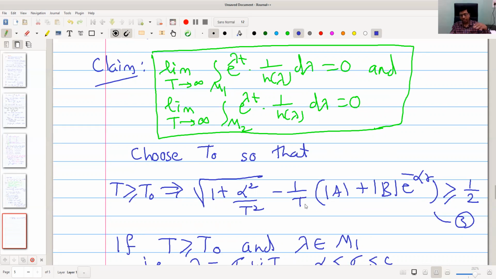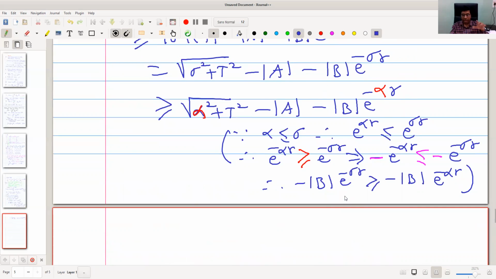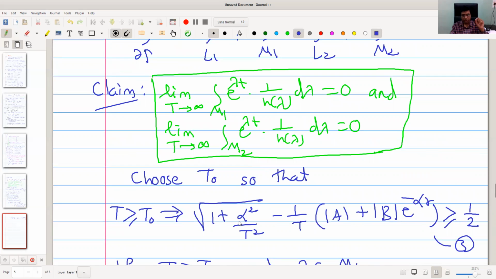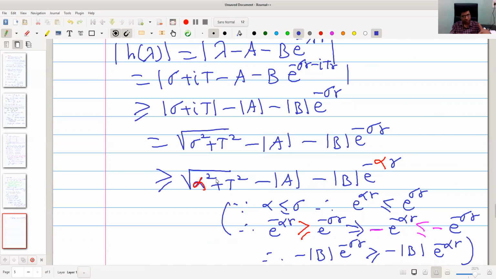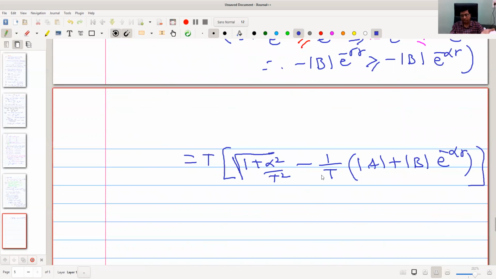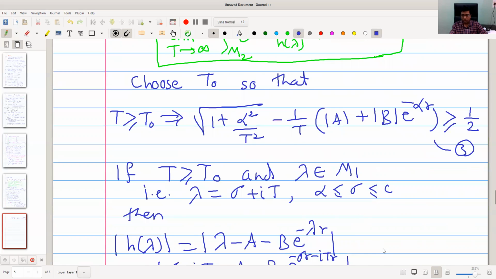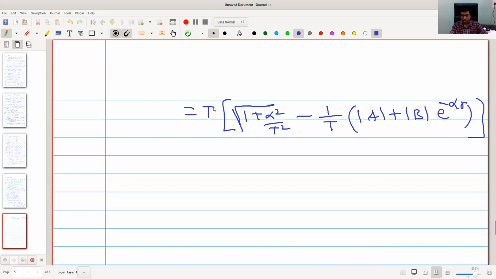Actually such conditions are obtained accordingly. That means conditions do not come first. First such inequalities are obtained, and as per requirements conditions are put, and finally the statement is written. So usually the proof of the result comes first and then the statement comes. Anyway, by 3 this square bracket is greater equal 1 by 2, and here it is t, so greater equal t by 2.